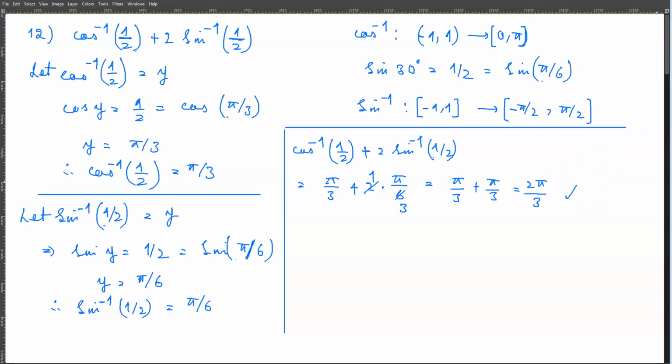Okay. Now the question number 13. Question number 13, we have if sine inverse of x is equal to y, then A, you have 0 is less than or equal to y less than or equal to pi.